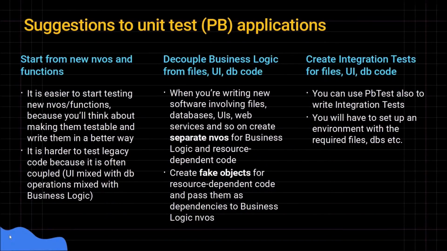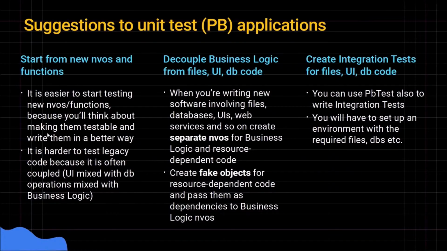Okay, so we saw a couple of trivial examples, but in real applications, how can we start doing unit tests? A first suggestion is to start testing new MVOs and global functions. That's because if we know that we have to test them, we'll write them to be testable.